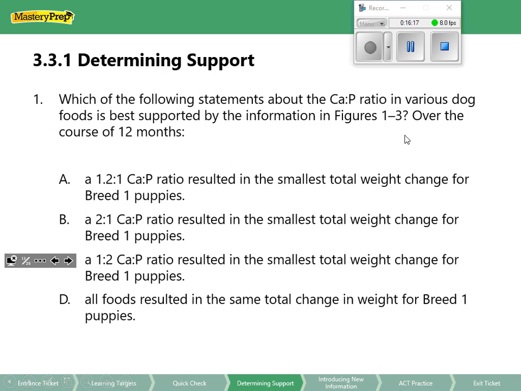So we look at figure 3. Wait, what happened to breed 1 in figure 3? Well, it went from like 3 to 2, yes? Wait a minute, that's negative, isn't it? So that would be the smallest, yes? Because it looked like it could be B, but C, well, that's even smaller. All resulted in the same, well, no. They all aren't the same, so the correct answer is C.